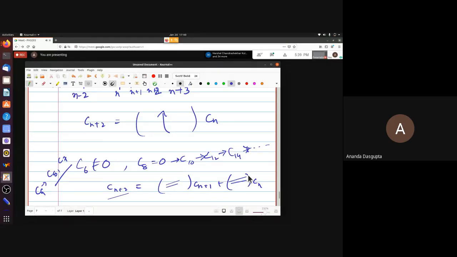So 3-term recursion relations, if you can't avoid them, you have to handle them by special techniques. But if you can avoid them, and as long as you know that you have a well-defined, well-behaved solution at infinity or at z equal to plus minus 1, depending on where your singularities are, then there should be a way of getting a 2-term recursion relation.